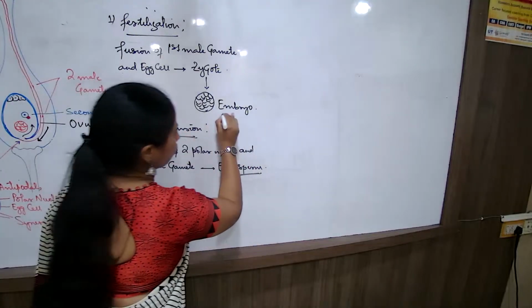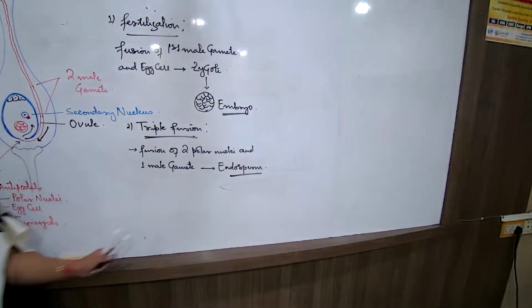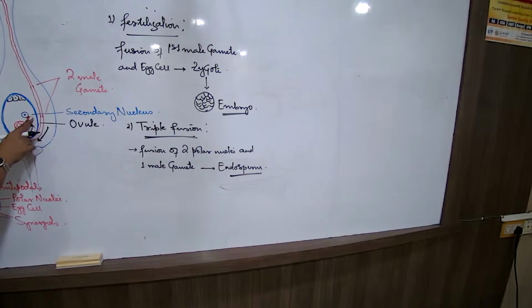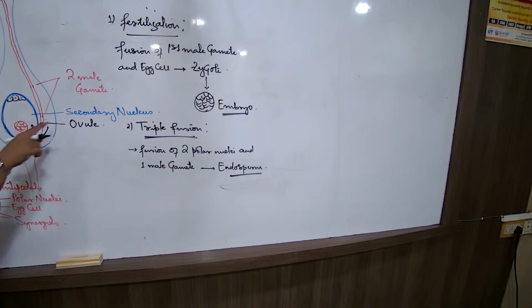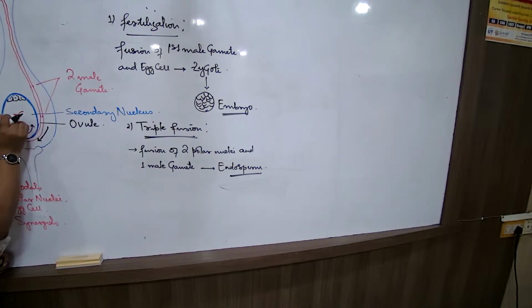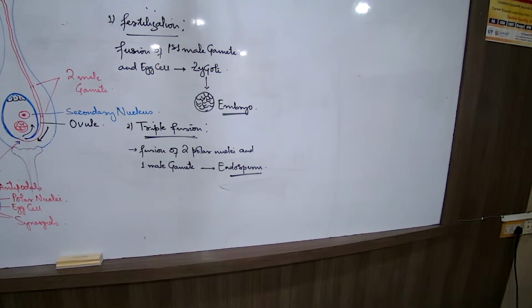So here we have the endosperm, here we have the embryo. The fusion was of one male gamete and two polar nuclei, also known as the secondary nucleus. So there is now a single cell made up of three nuclei together.